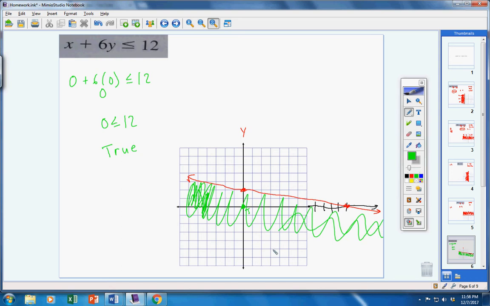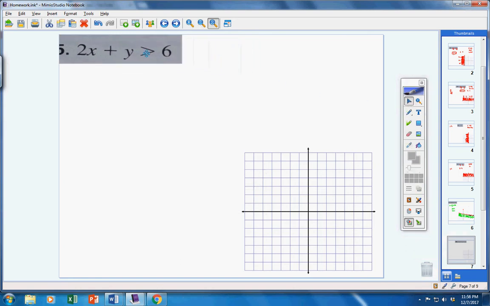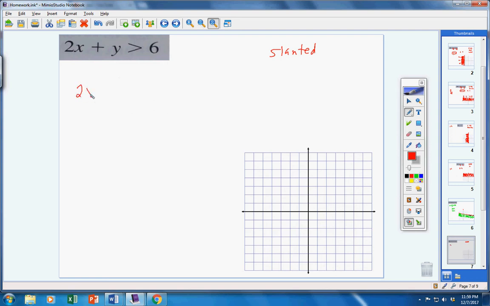Moving on to number 55. Okay, students, so moving on. Once again, we notice we have an x and a y, so we are going to have a slanted line. First thing you do is rewrite the equation and pretend you have an equal sign.